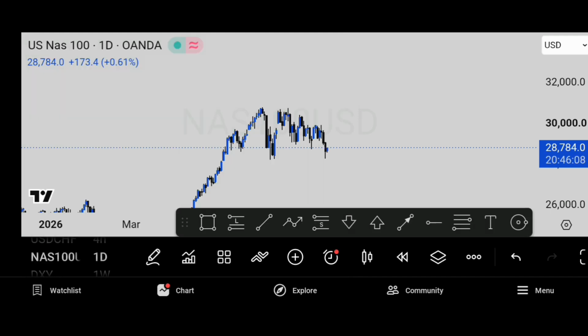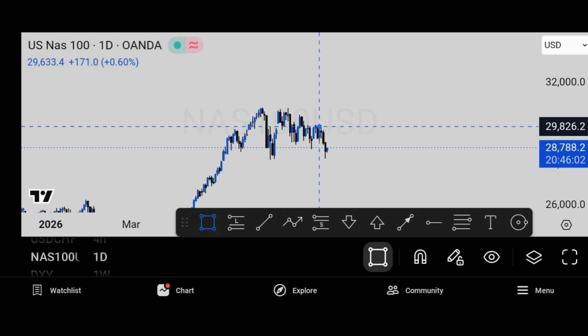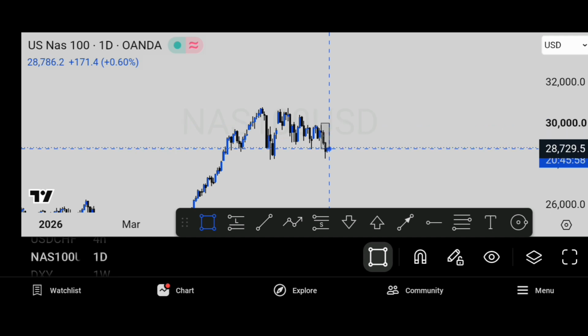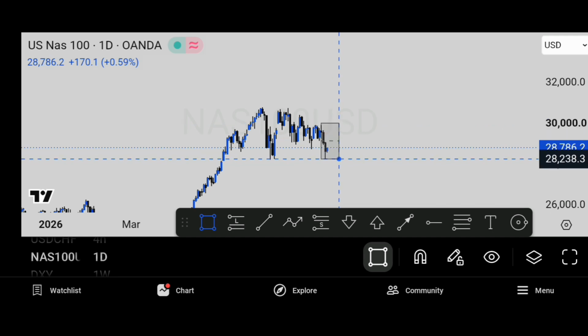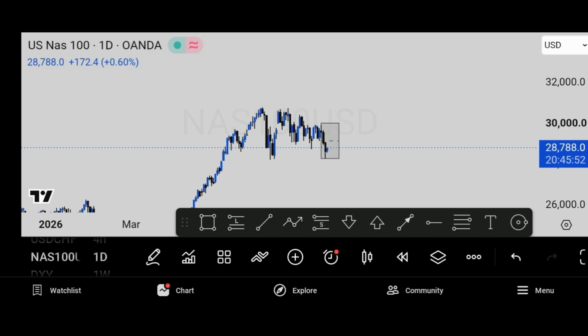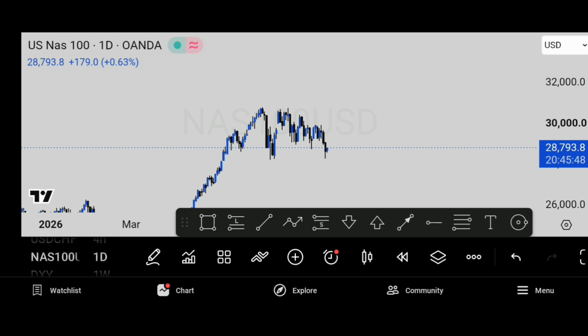So this entire move here wasn't there, right? That's the move that I've been waiting for. So let's just pretend as if that entire move wasn't there.